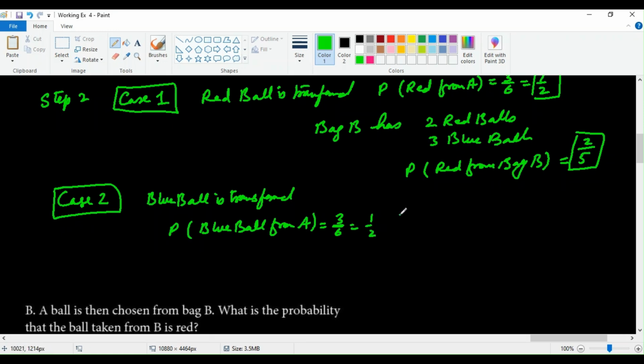And bag B has now one red ball and four blue balls.